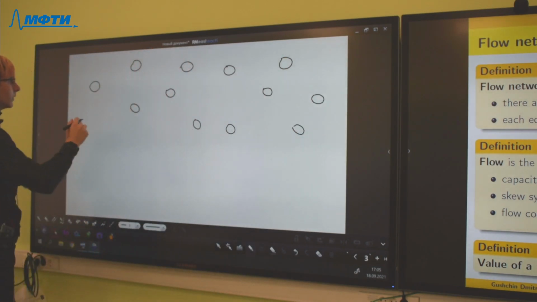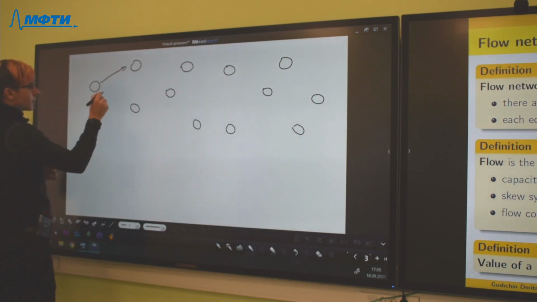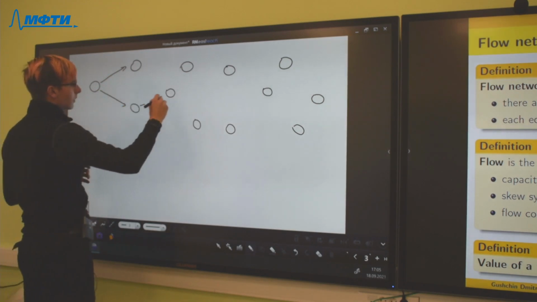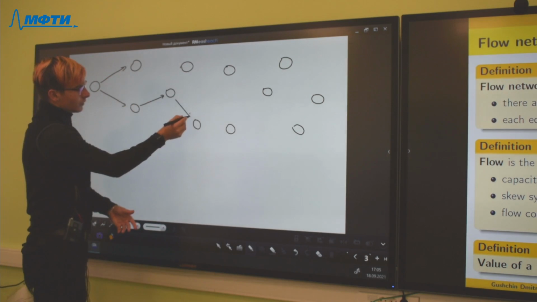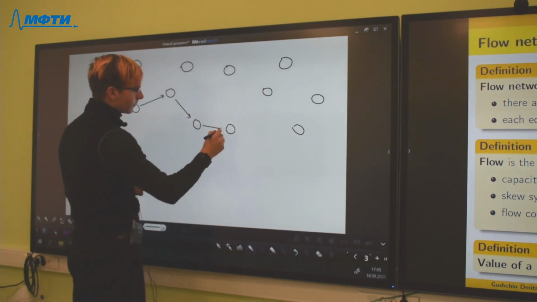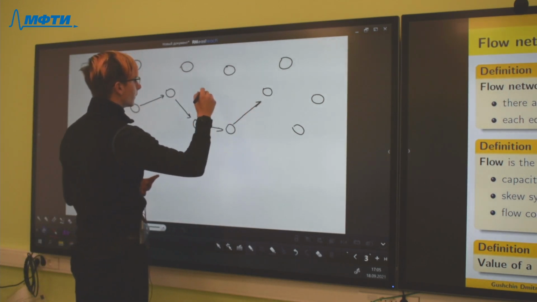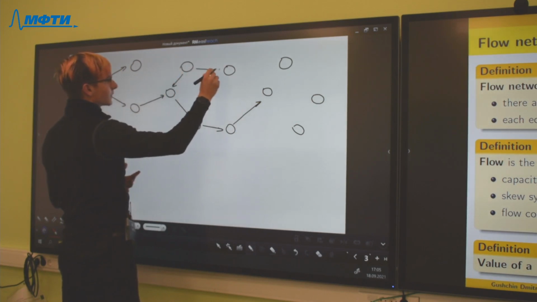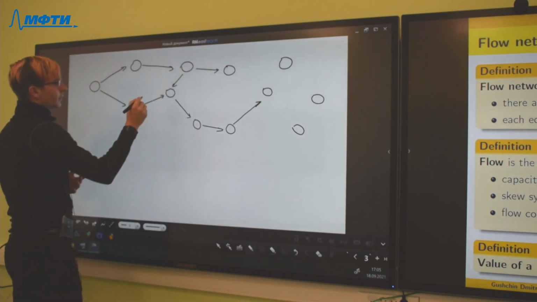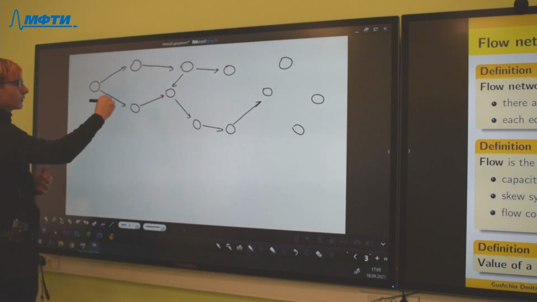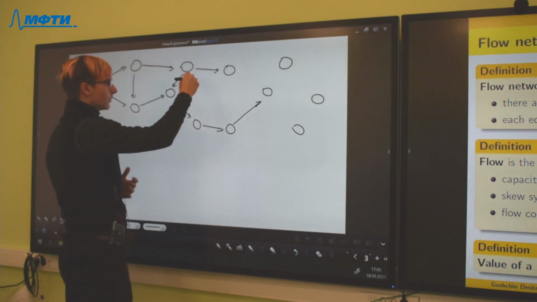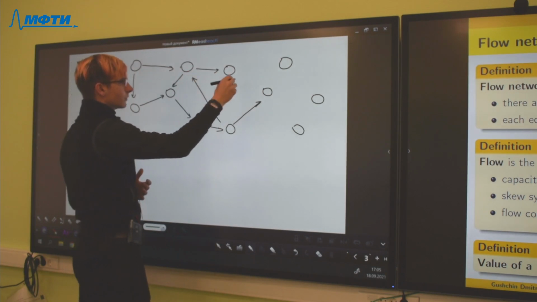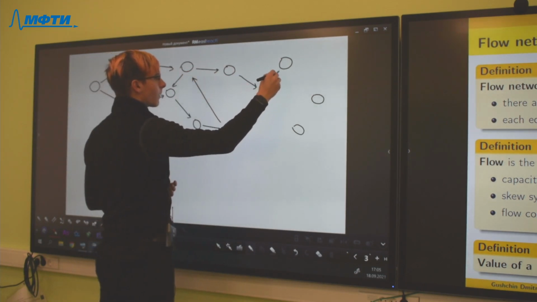Each edge starts at one vertex and goes to the other, like in any other directed graph. And of course, the graph can have directed cycles, for example.